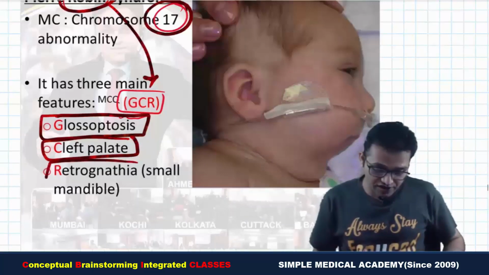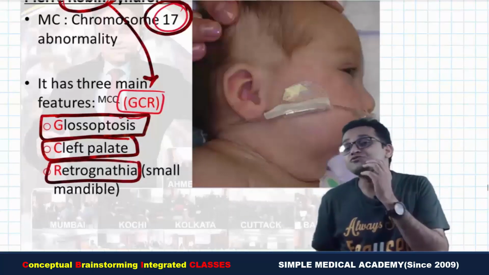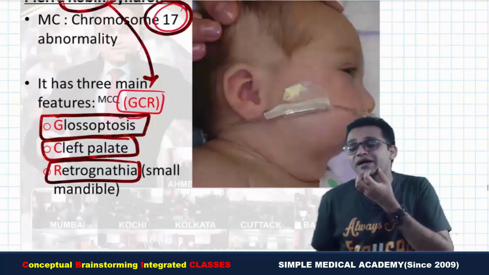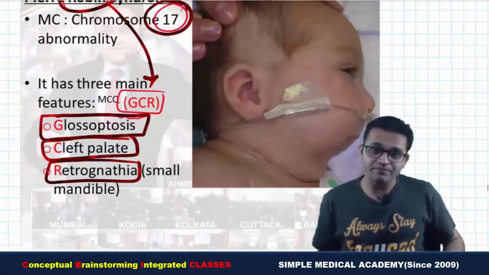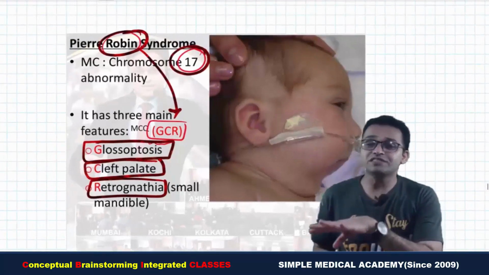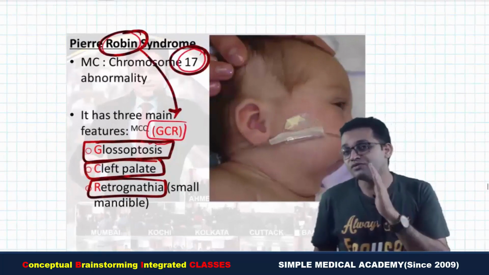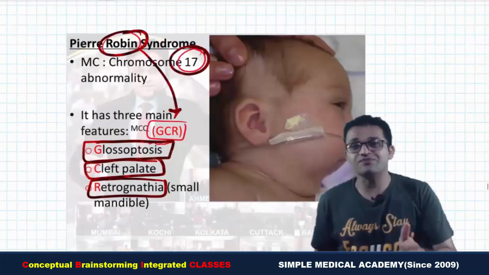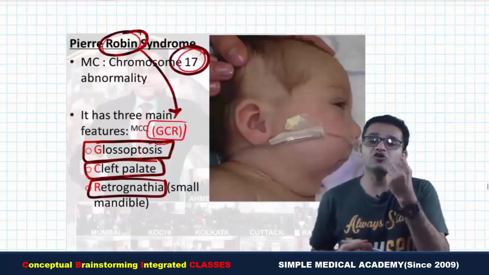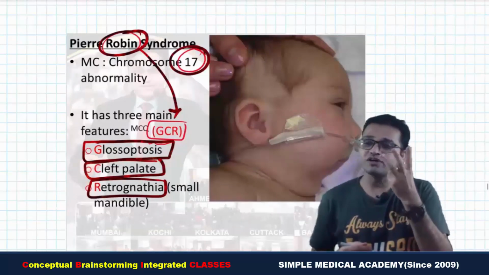And retrognathia, yes, the mandible also develops from the first arch. So the tongue, palate and mandible are not properly developed by the first arch. This syndrome is known as Pierre-Robin sequence or Pierre-Robin syndrome, which occurs due to a mutation in chromosome 17 and presents with GCR: glossoptosis, cleft palate and retrognathia.